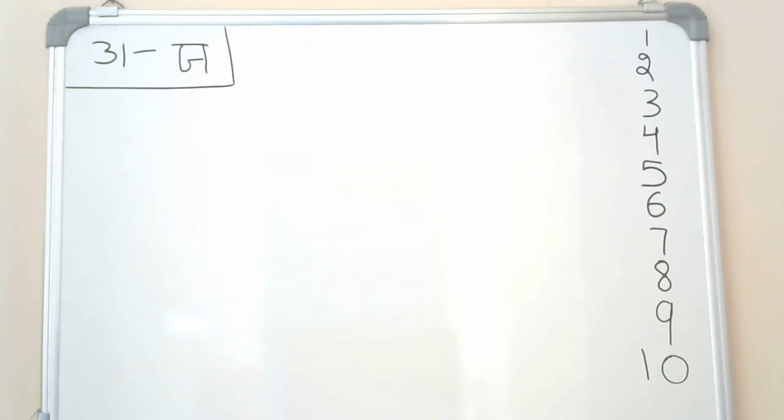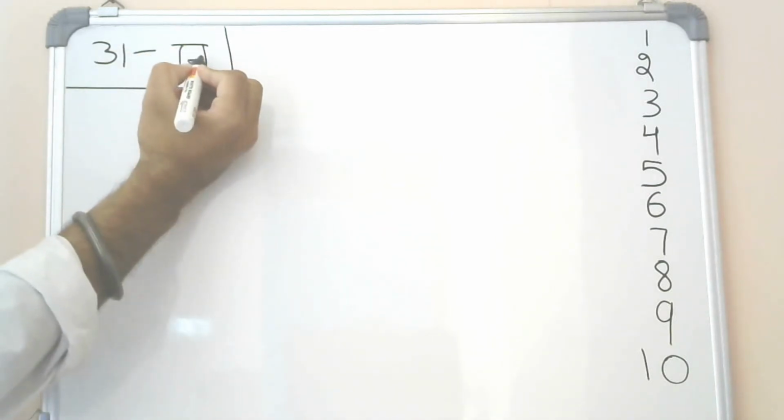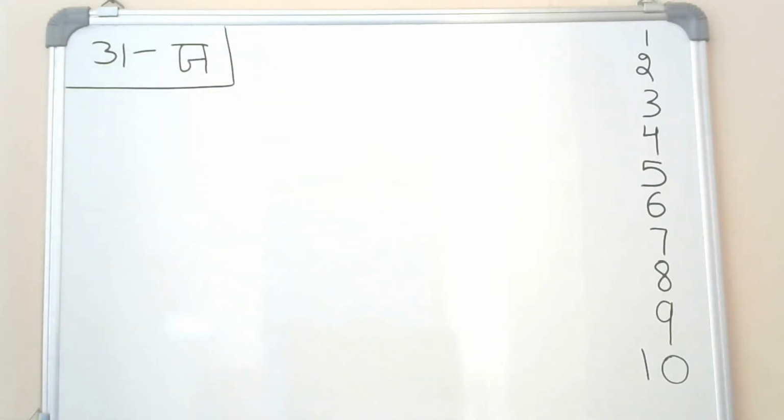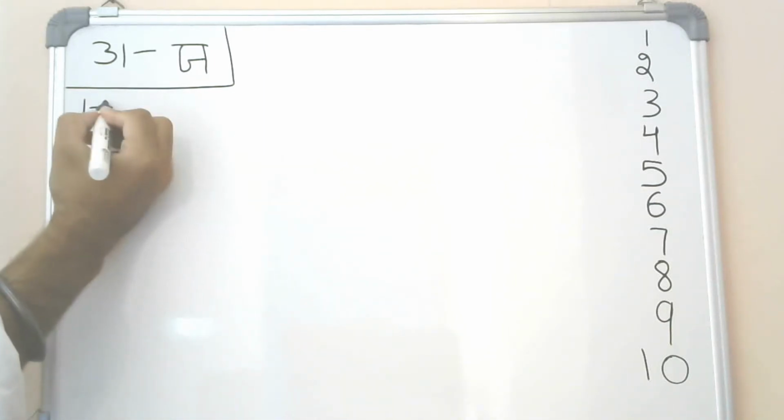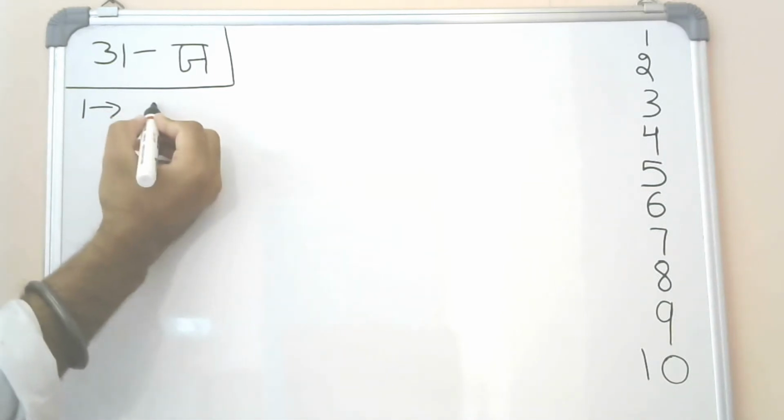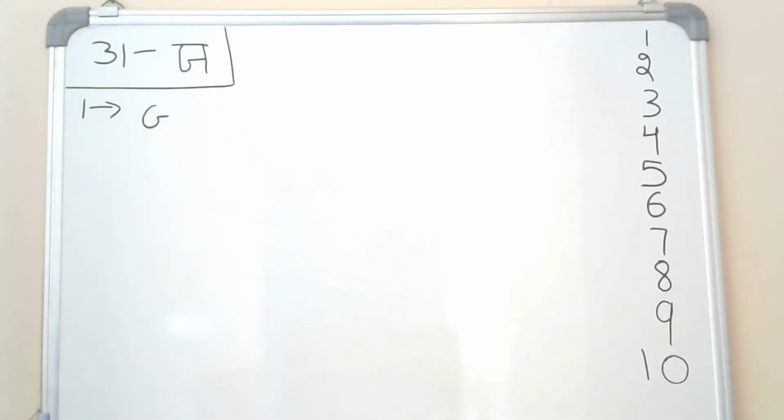The thirty-first letter of Gurmukhi is Yaya, and it is very easy to create this letter. The first step is how to write the letter, right? If you look at this letter, you will see that it is nothing but a G, right?